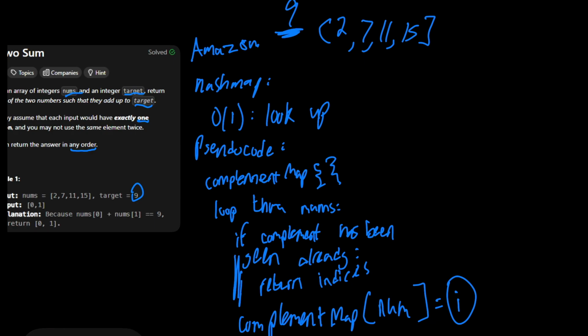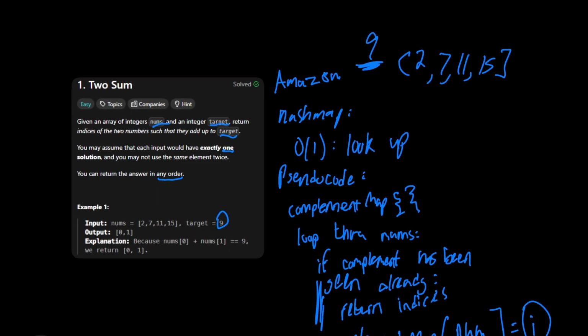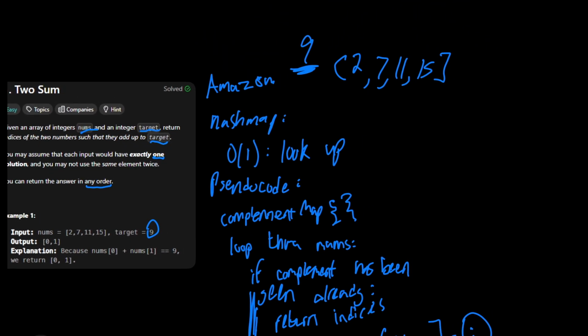So say we have the general example 2, 7, 11, 15, and I'll use red here to show how our code works. To start, we have our map, and our map doesn't have anything in it. First iteration of the loop, we have 2. 2's complement is 7, so that's calculated.